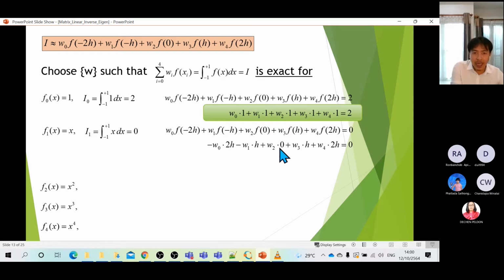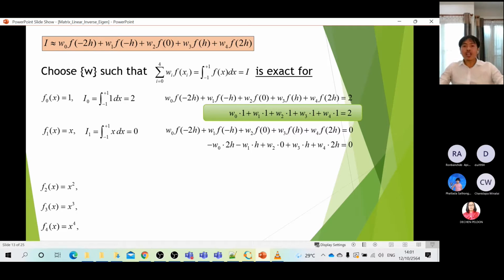At 0, I get 0 because this is my function. What about at 2h? I get back 2h because my function is a simple x function. You have minus here because when x is negative, so is f, the same sign over here. So I have that equation here.